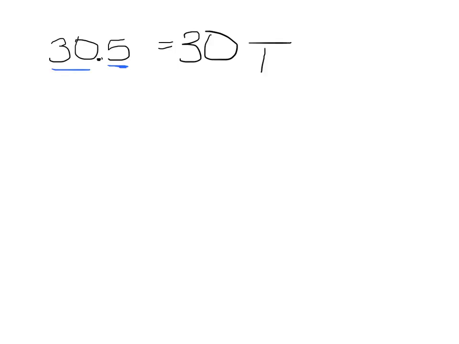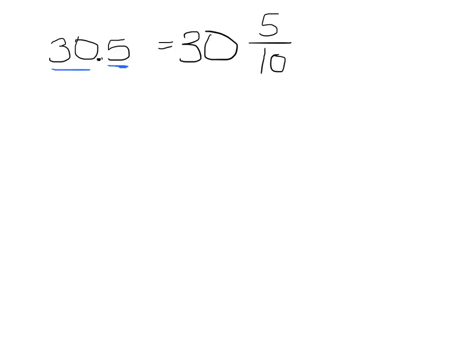All right, let's try another. So let's say instead of just less than 1 or greater than a negative 1, let's try 30.5. So I have an integer here of 30, so I can just rewrite that. So that's going to equal an integer of 30. And I see that I have my 5, and that's in my tenths place. So I can use 10 as my denominator, and 5 will be in my numerator.